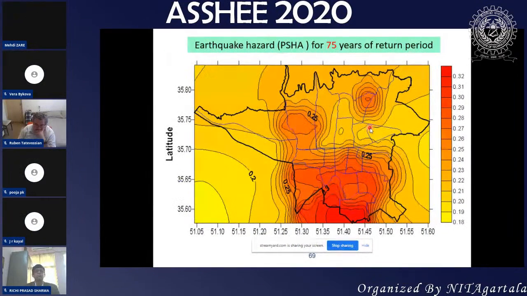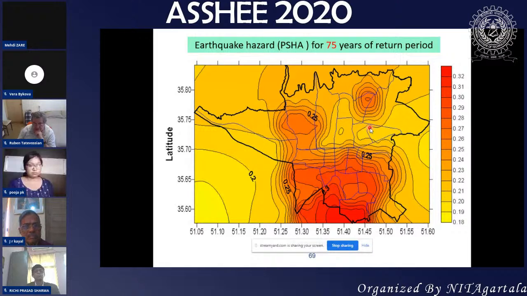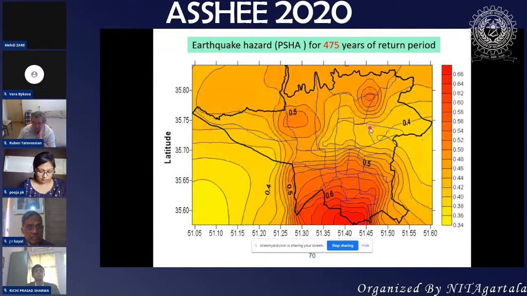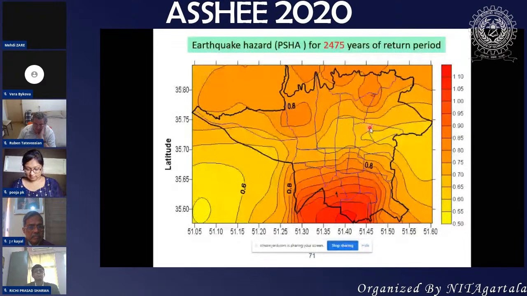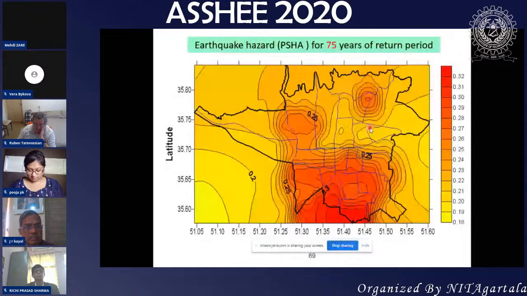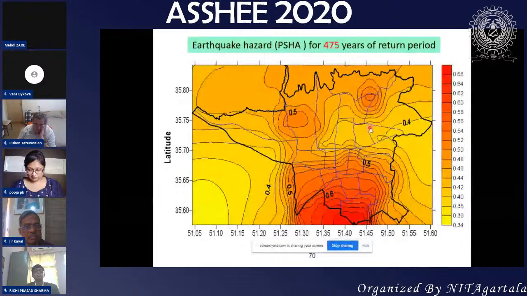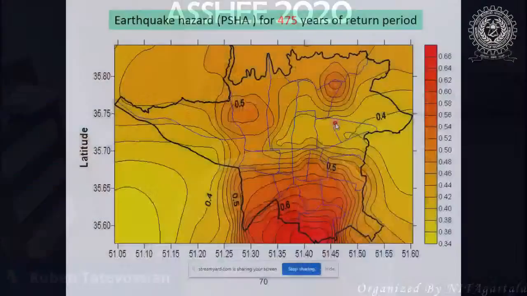Fastly through the classical probabilistic seismic hazard maps for the Tehran region, for the return periods of 75 to 2,475 years, the levels of PGA, peak ground acceleration, are something around 0.3 to 0.65 g, based on our calculations.